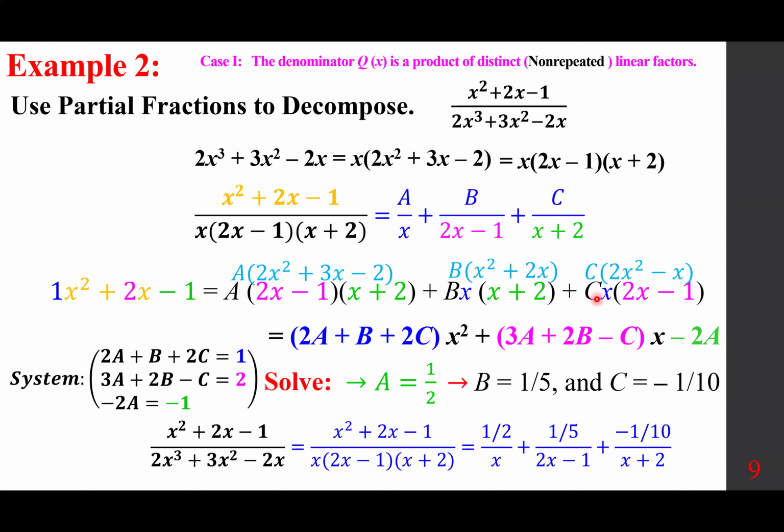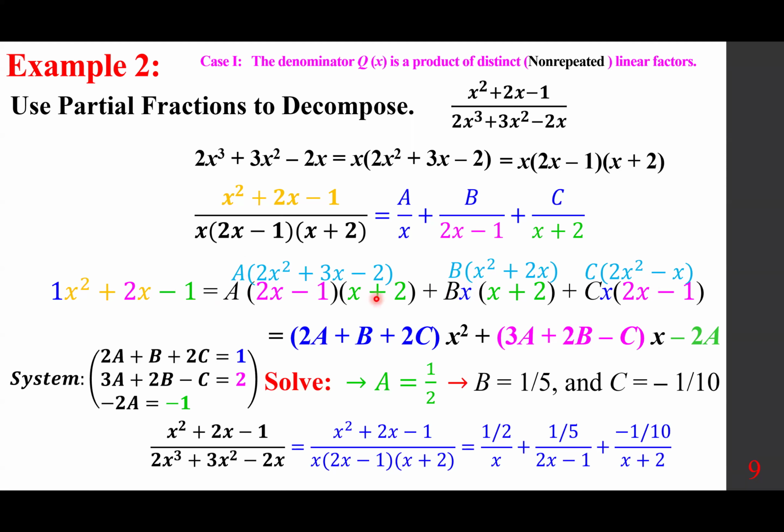When you look at this one, you notice if you choose x to be 1/2, for example, this expression becomes 0. You put 1/2 here, put 1/2 here, and you find b.